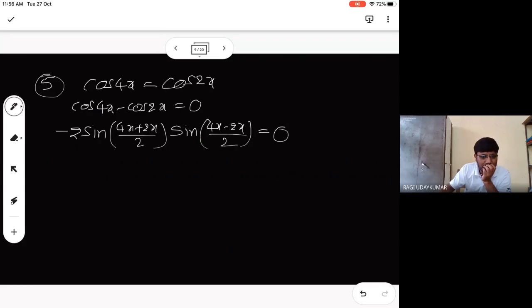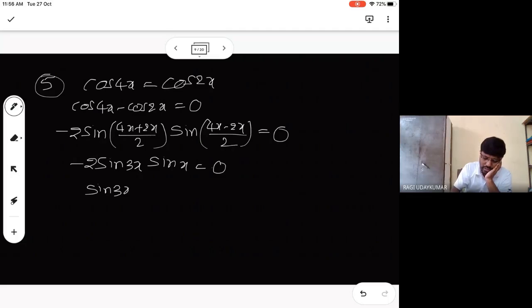Okay, so then after what you get here, minus 2 sin 3x and sin x is equal to 0. From this you can get sin 3x is equal to 0 or sin x is equal to 0. So from this, 3x is equal to n pi, and sin x equal to 0 means x equal to n pi.